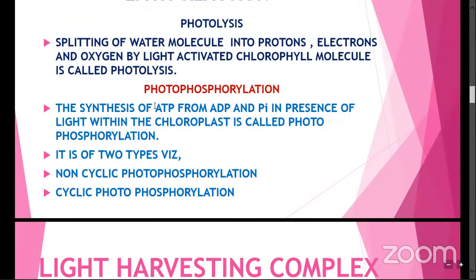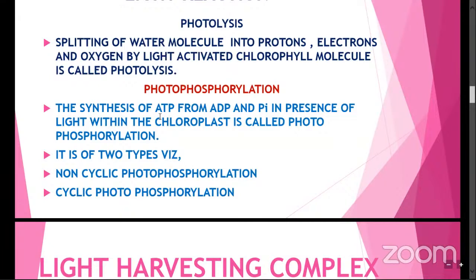That ATP synthesis is called photophosphorylation, which is required during non-cyclic photophosphorylation. This light reaction synthesizes ATP and NADPH, that is, synthesis of ATP from ADP and IP.